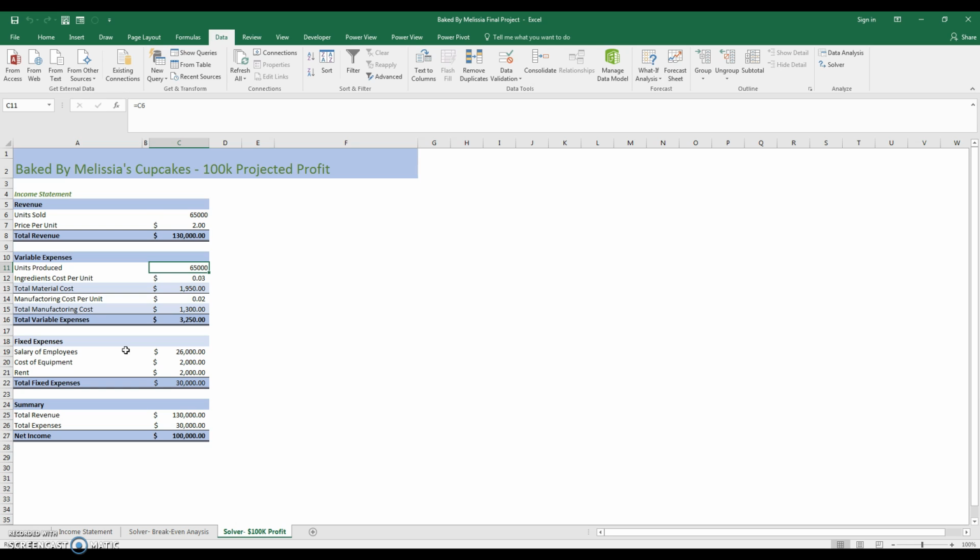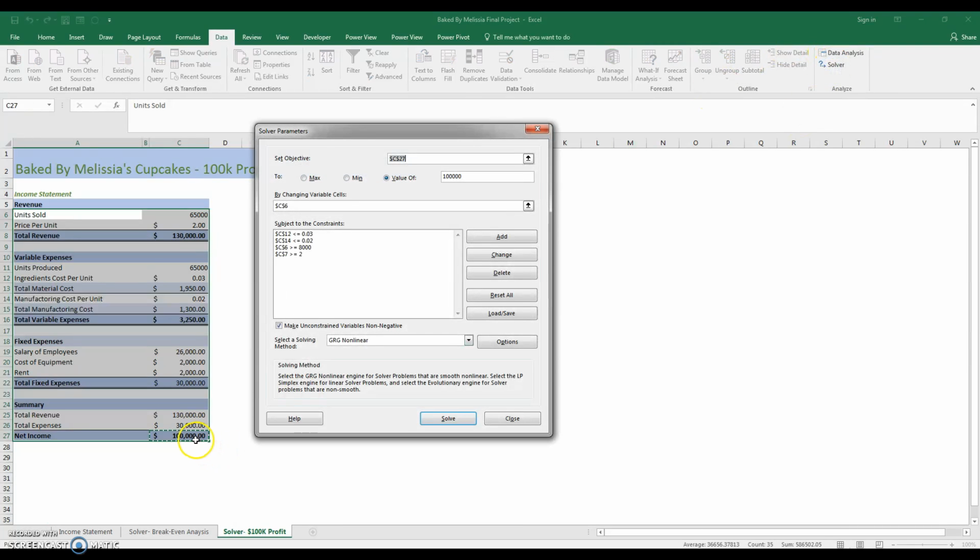So again, for this month we want to make $100,000 during the holiday season, because we know people want to buy cupcakes for their loved ones, for their families, for their friends, for the holiday season. The price is $2 per unit, and I use the same exact thing. I use the solver equation, and I set this at $100,000 for the value of.